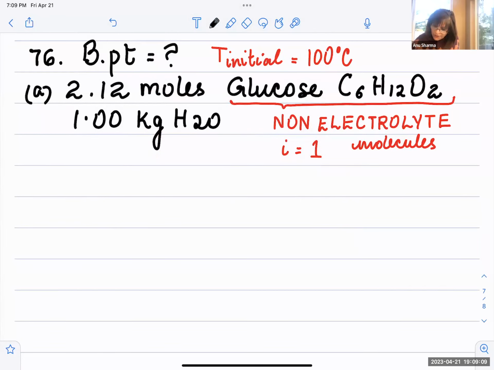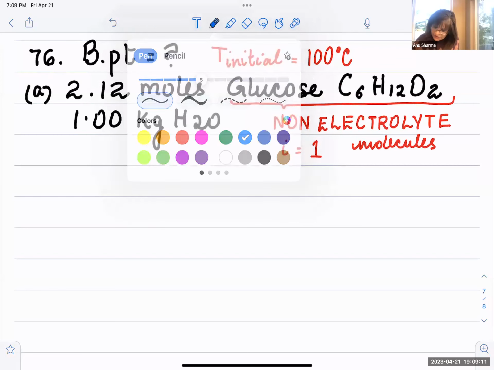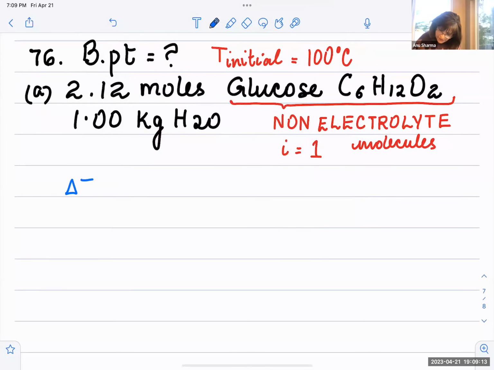So here we are going to do the same story. You will write this down. Delta T, in this case, is for boiling. We need to find the boiling point when 2.12 moles of glucose are added to 1 kilogram of water. What would you do? Delta TB is equal to i times KB times m. Here i is 1.